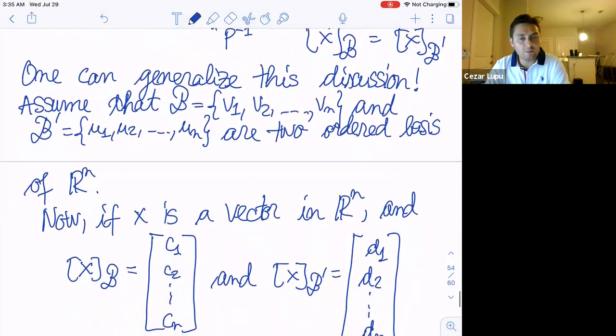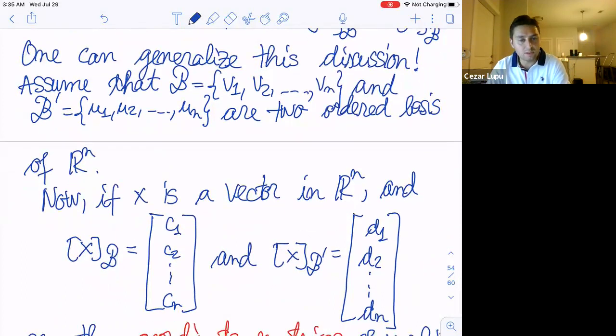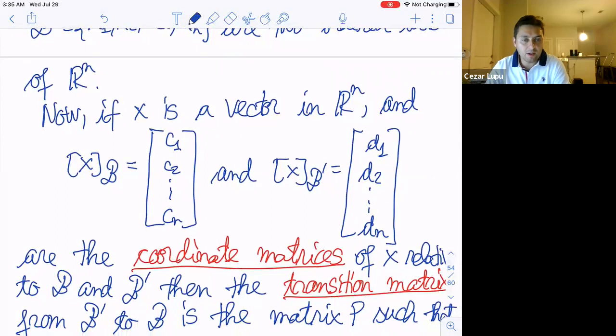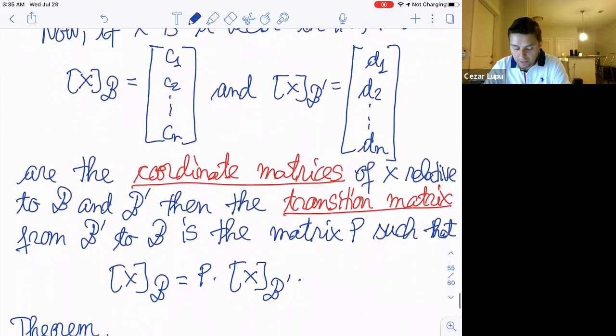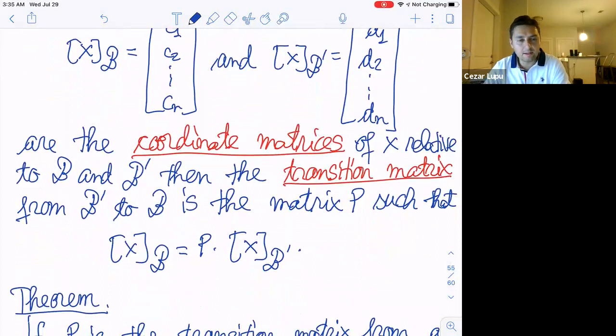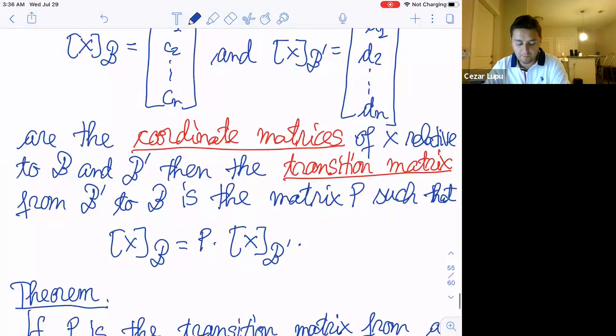Now if I consider x to be a vector in Rn, and I know that this vector x relative to the basis B is given by c1, c2, cn, and the vector x relative to the basis B prime is d1, dn. So these are the coordinate matrices of x relative to the 2 bases. Then the transition matrix from B prime to B is the matrix P such that the coordinate matrix of x relative to the basis B is the matrix P times the coordinate matrix of x relative to the basis B prime.